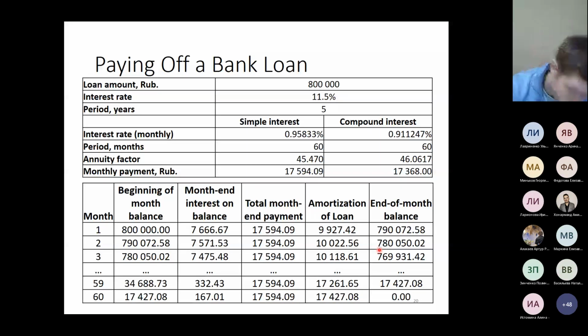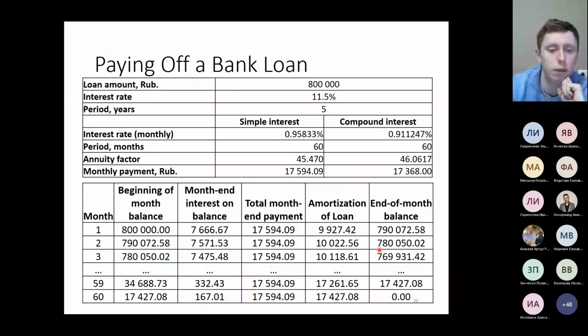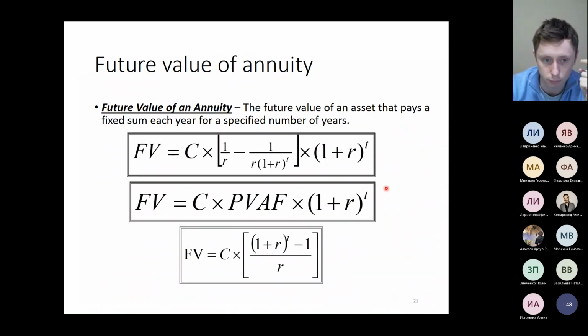Okay, let me stop this and let's move back to the slides. Here I put those slides. This is the same material that we just discussed, presented on the slide. Future value of annuity.